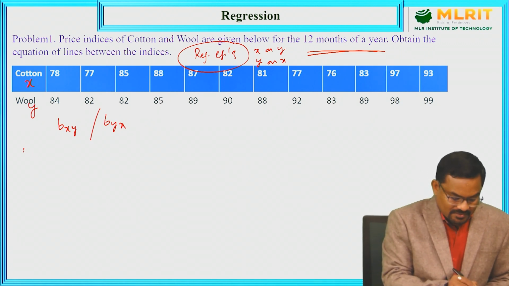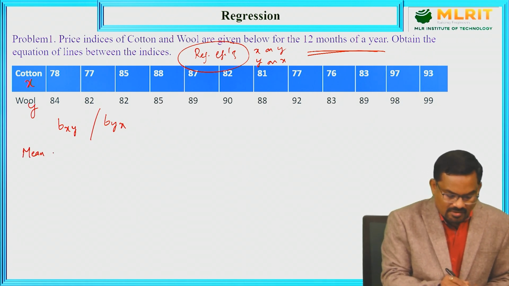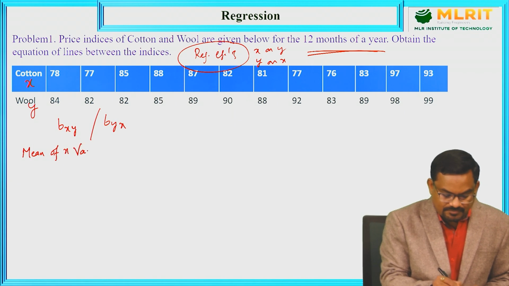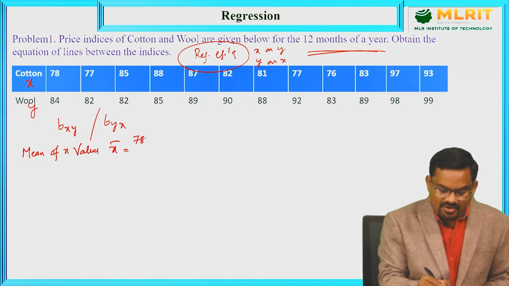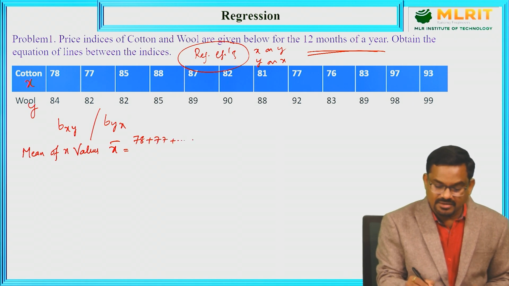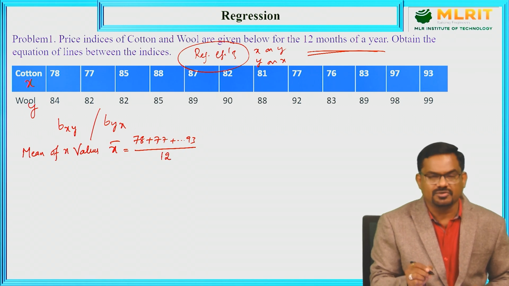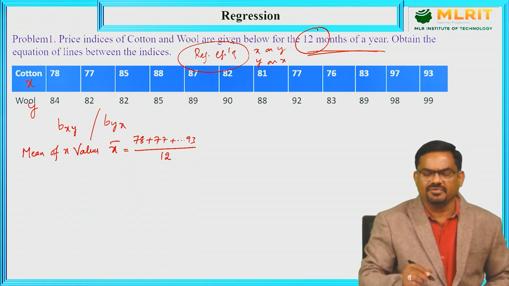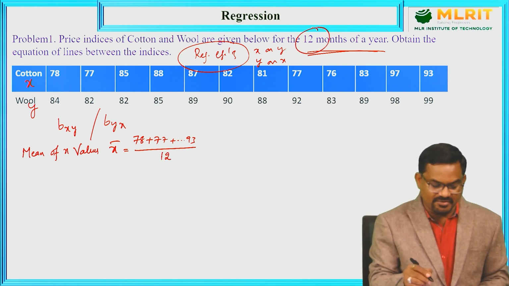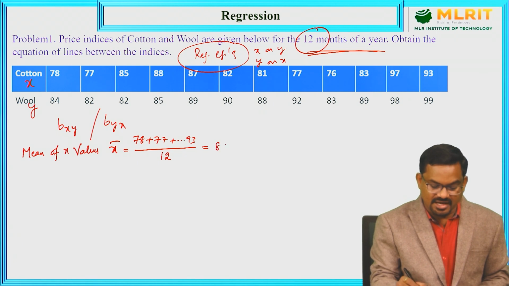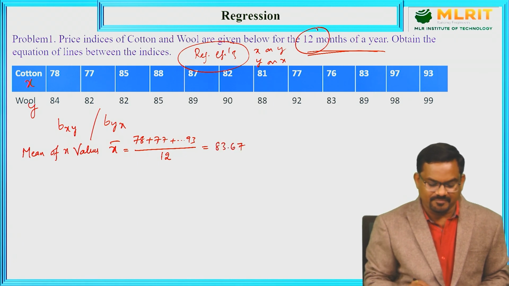Mean of x values, x bar, equals the sum of all these values, 78 plus 77 and so on, the last value is 93, divided by the total number of values, 12, since the data is given for 12 months. This results in 83.67.